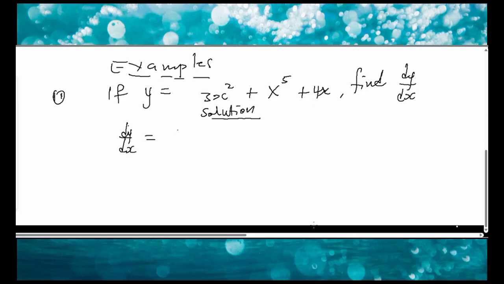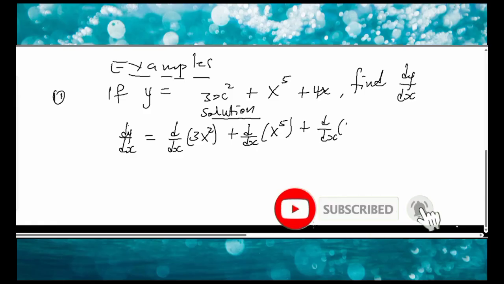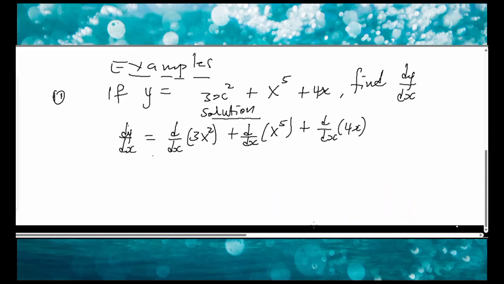So we take d dx of 3x squared plus d dx of x raised to the power 5, then plus d dx of 4x.